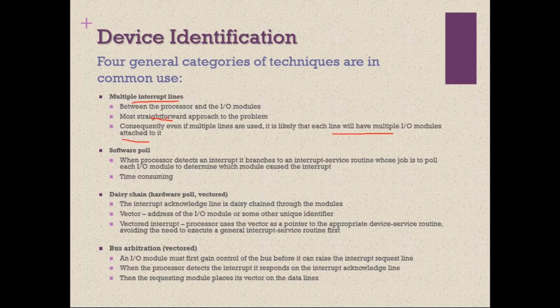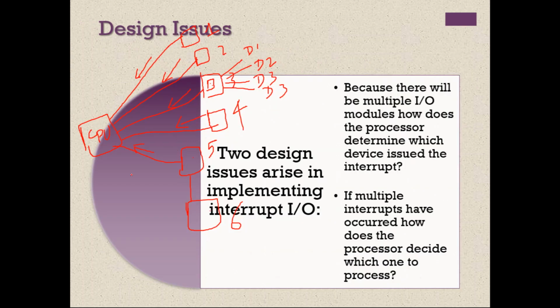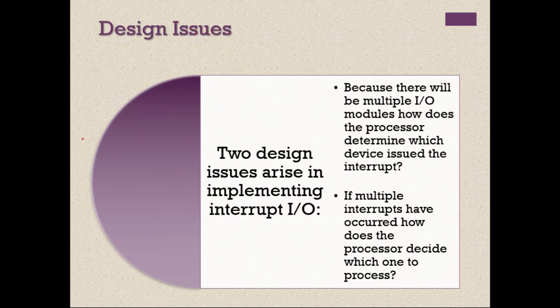So finally, multiple interrupt lines should also depend on other techniques. What are the other techniques that we will discuss? The second technique is software poll. Say, for example, this is the CPU.